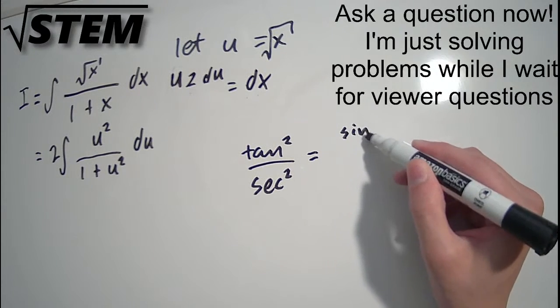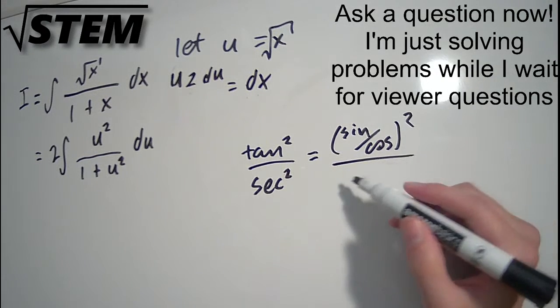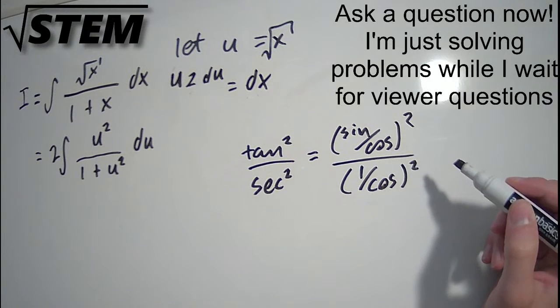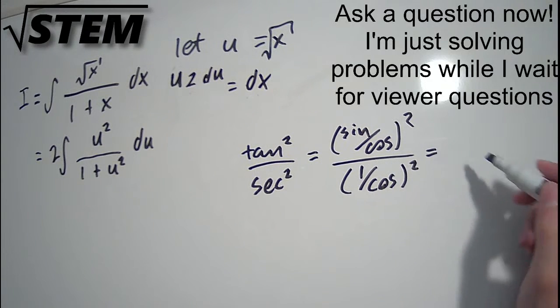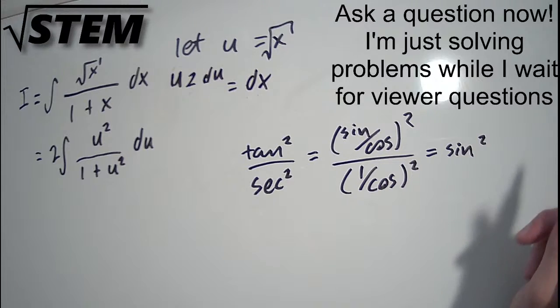Tangent is sine over cosine, and secant is 1 over cosine. Then that would just be sine squared. And that should be an integral that we can do from a table or from memory. Yeah, I think that's our way.